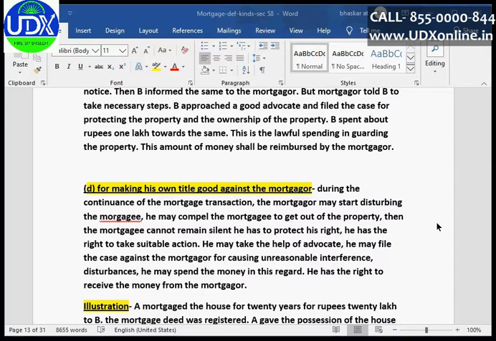Consider one land owner or one flat owner or one house owner wants to mortgage his property to another person. Consider, for many days he could not get any good persons at all.